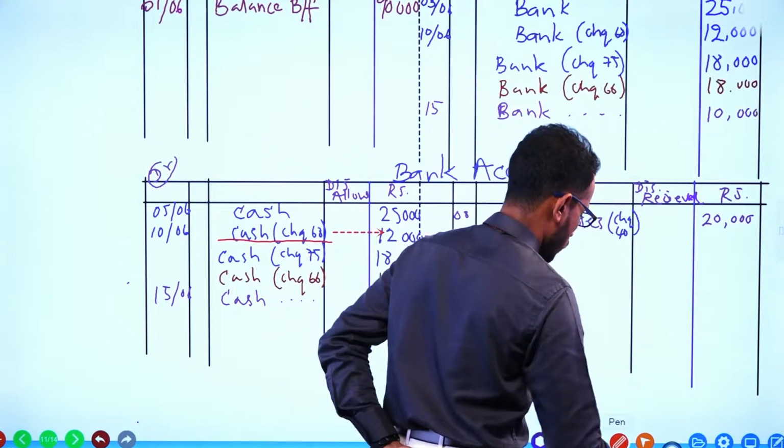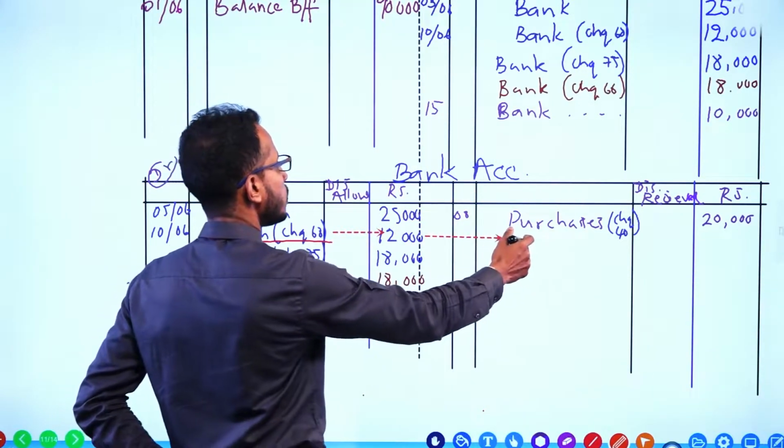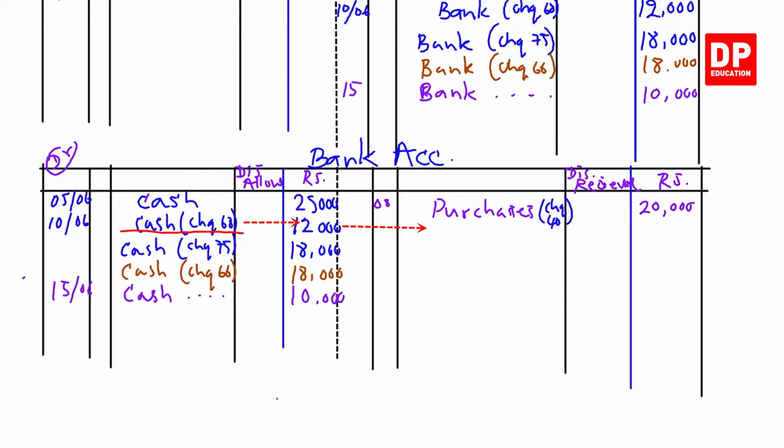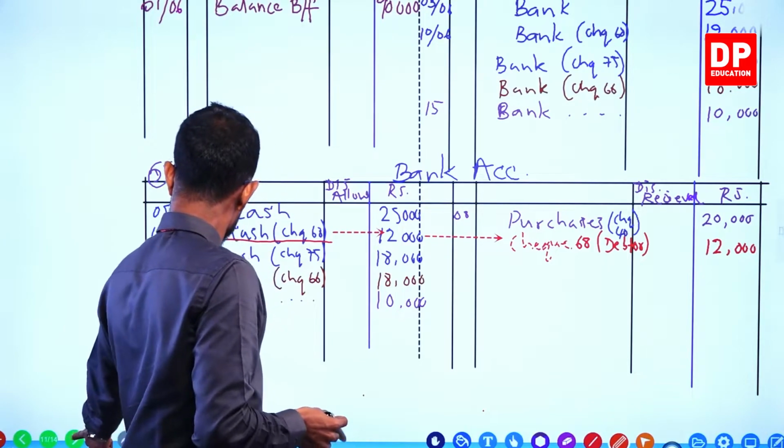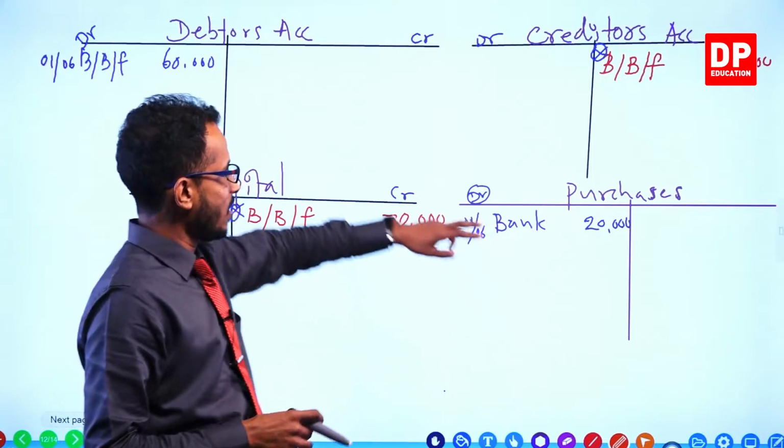All right. Putting to the bank book credit: check number 68, debtor, $12,000. And we go to find the debtor.